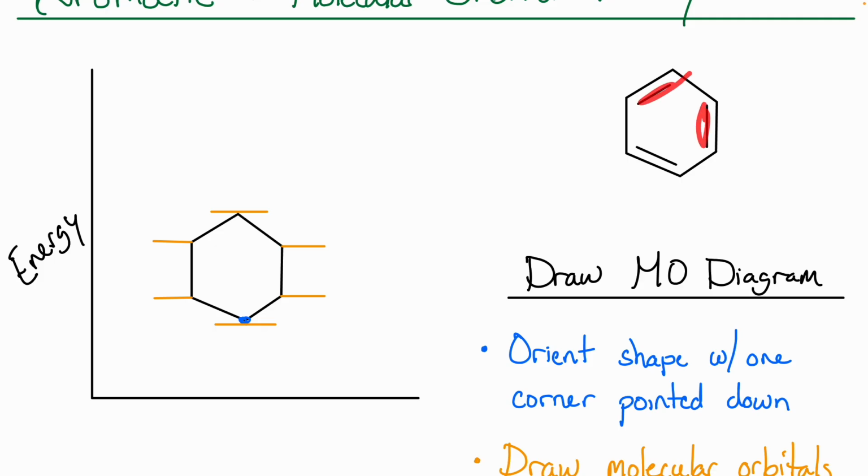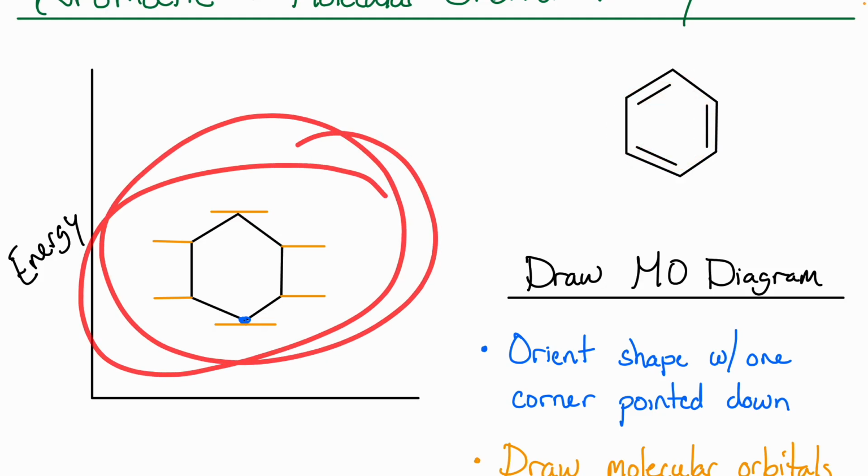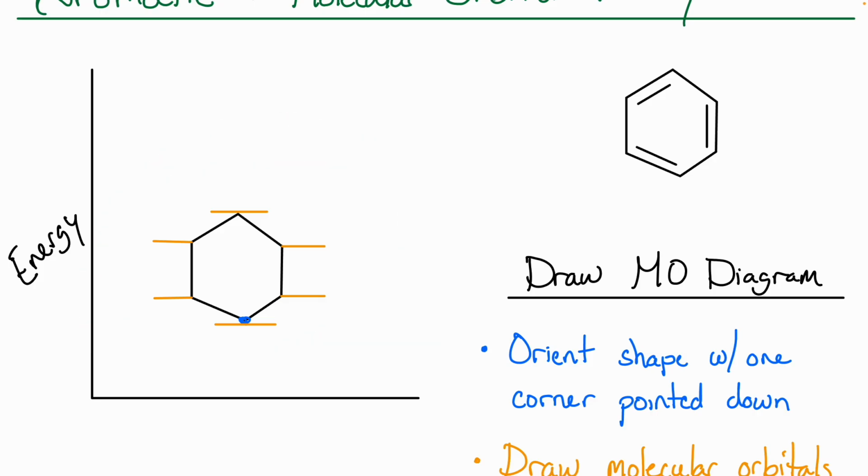So each one of these pi bonds contains 2 electrons. These are what are delocalizing around that ring. So what I'm going to do is I'm going to take this diagram here and I'm going to fill it in with 6 electrons. All right? Like we said, we're going to start at our lowest energy level. That's where we're going to fill in first.